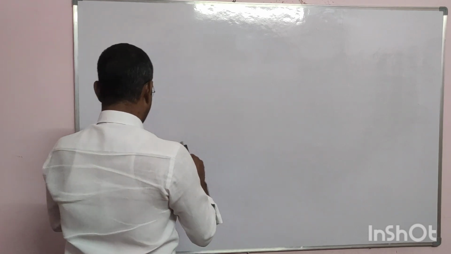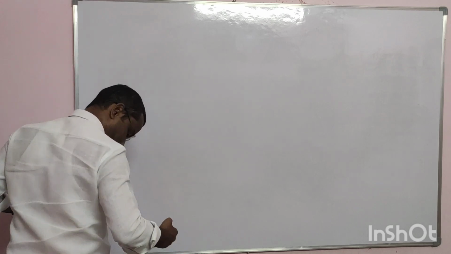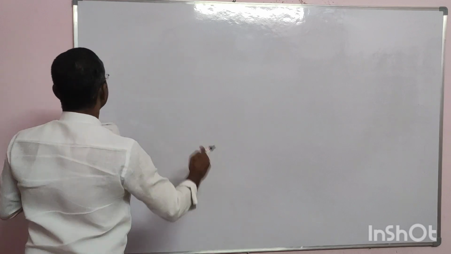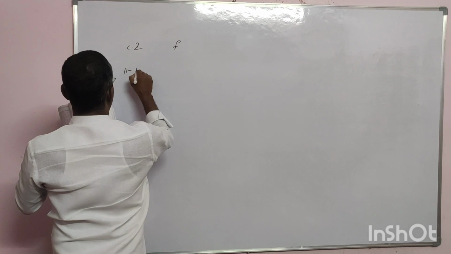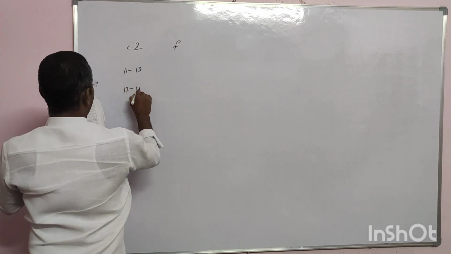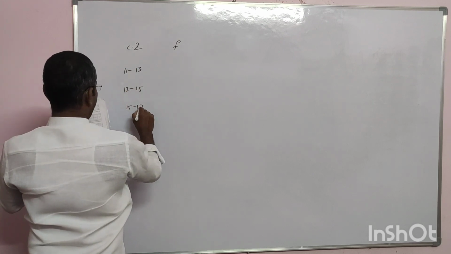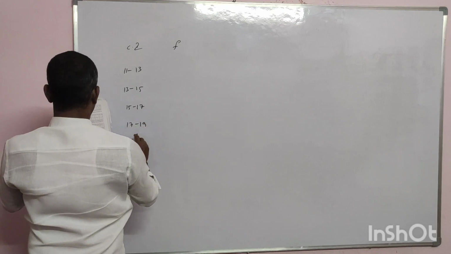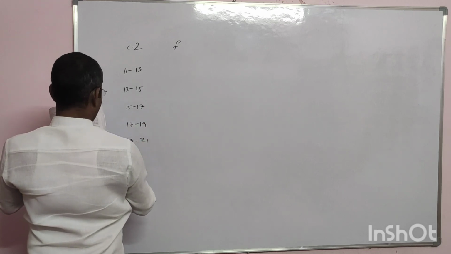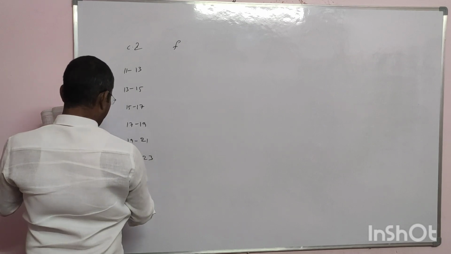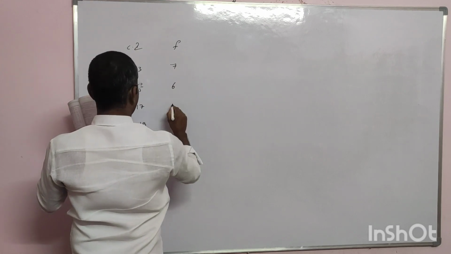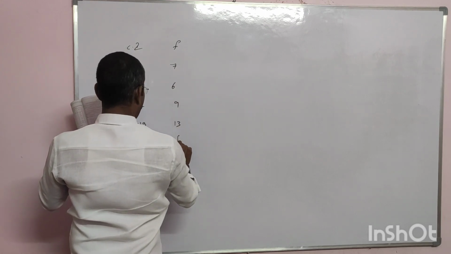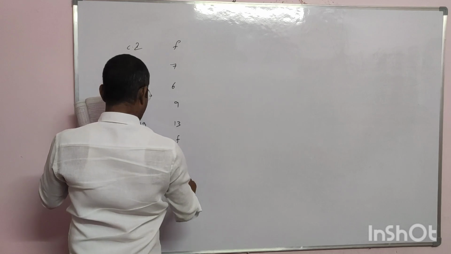See, one question is given like this. Class interval, frequency: 11 to 13, 13 to 15, 15 to 17, 17 to 19, 19 to 21, 21 to 23, 23 to 25; frequencies 7, 6, 9, 13, f, 5, 4.